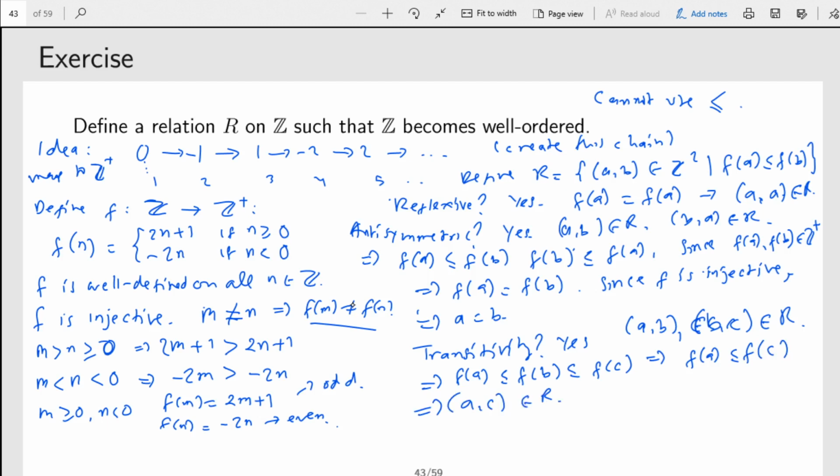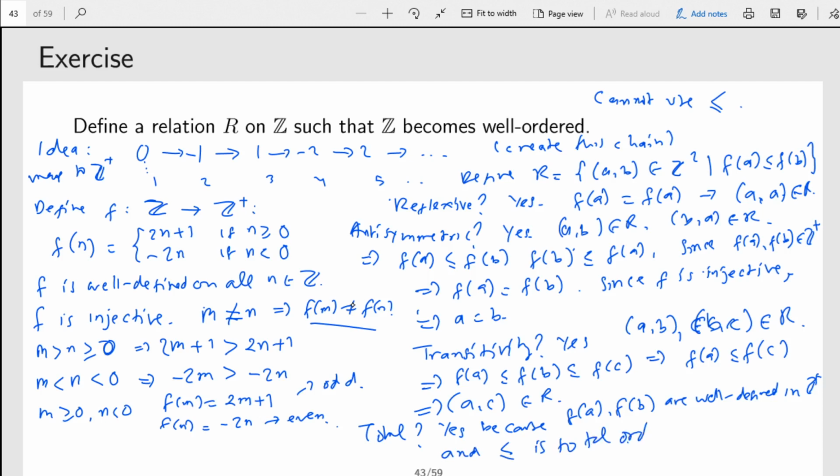Is it total? Well, obviously yes, because f(a) and f(b) are well defined in Z plus, and of course this relation is a total order.